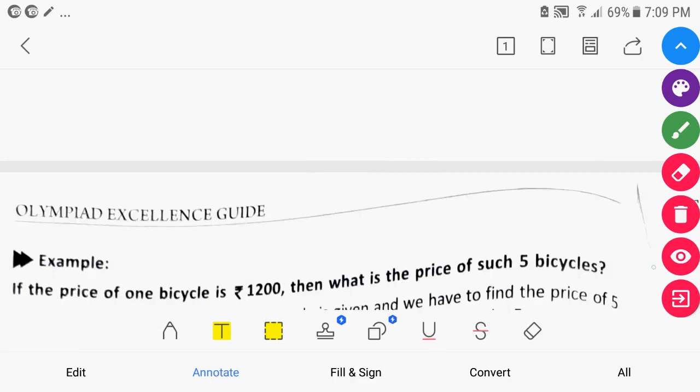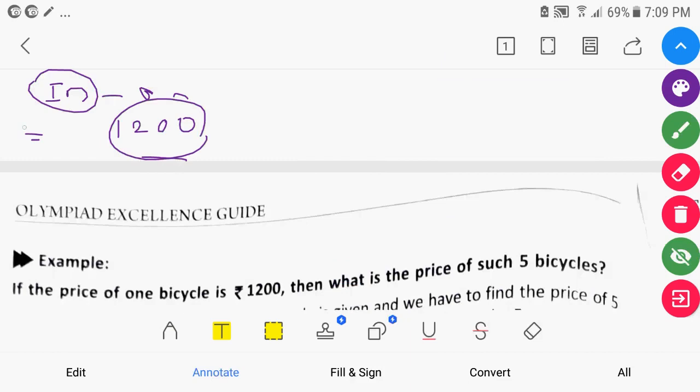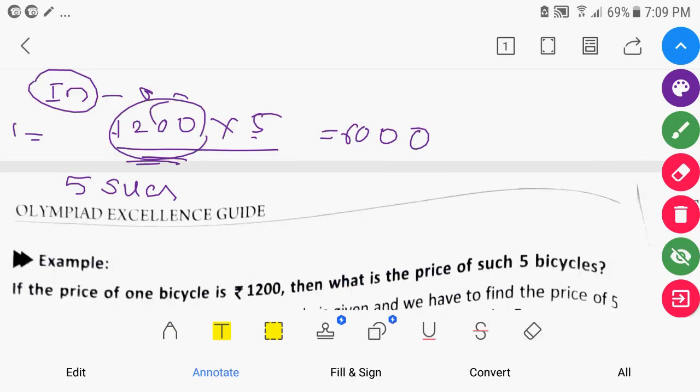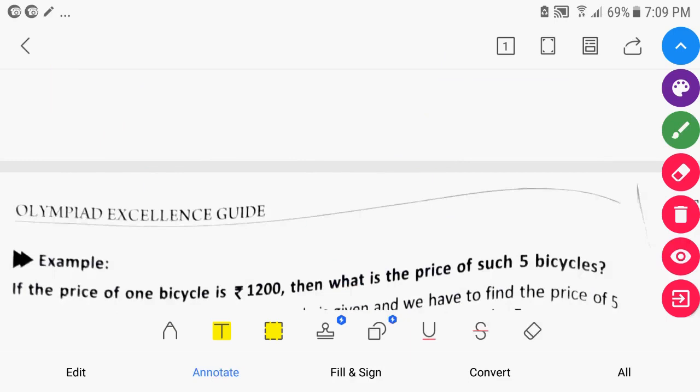So here you write in the word problem that the price of one bicycle is 1200 rupees, and we have to calculate five such bicycles' price. So we'll do 1200 multiplied by 5, that is 12 fives are 60, and the two zeros as it is. So the price of five such bicycles is 6000 rupees.